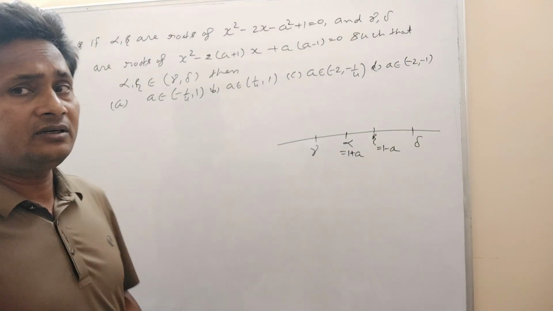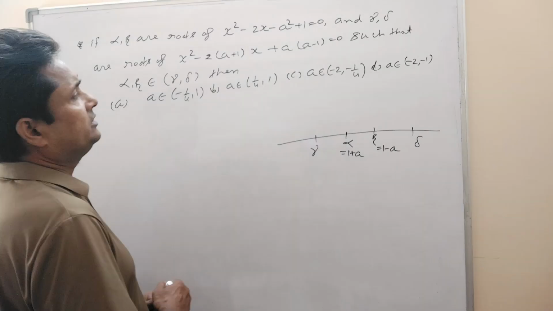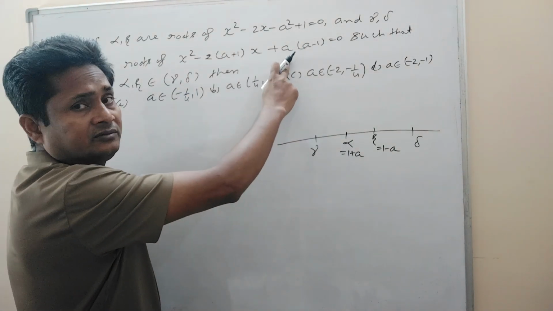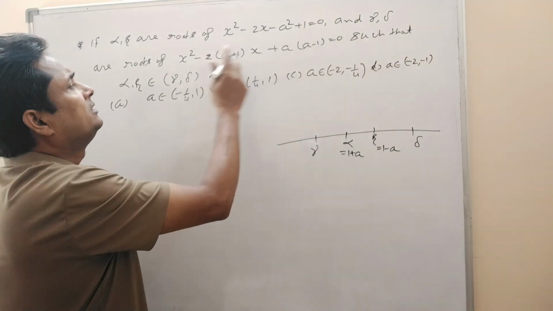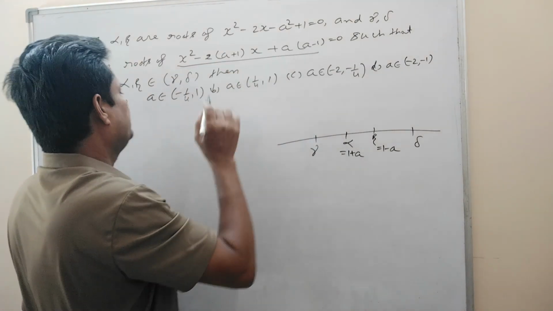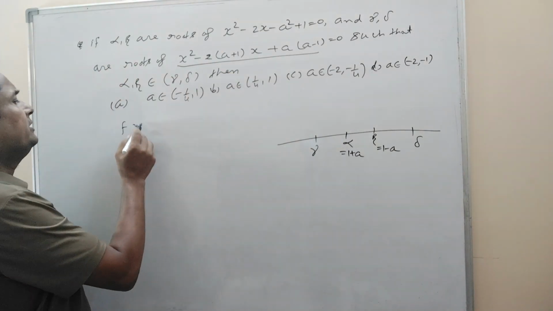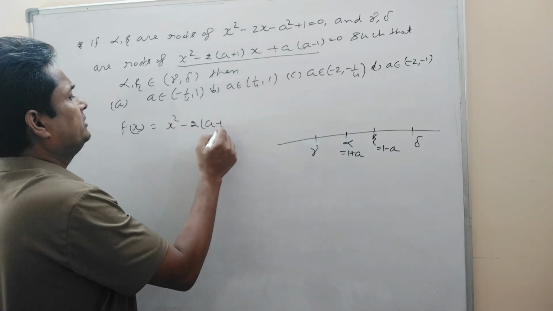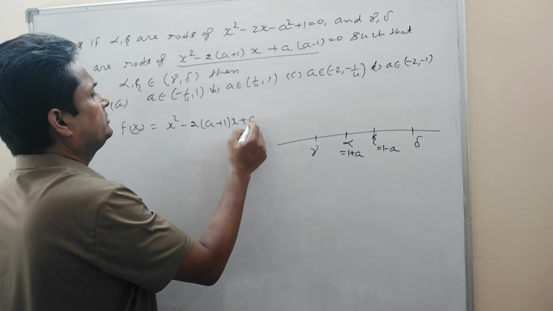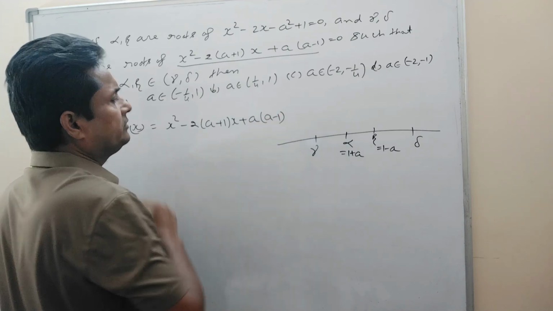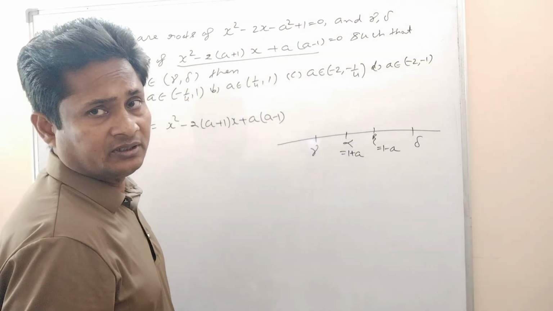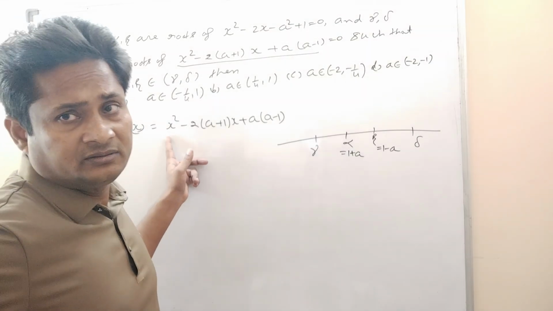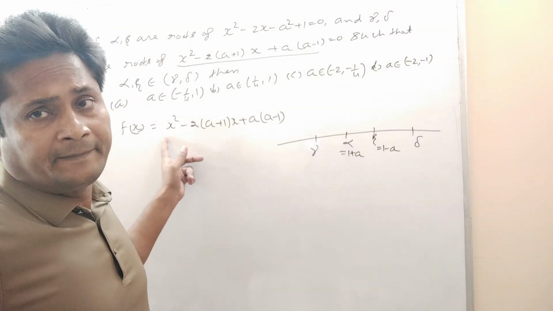How will you solve the next one? Here gamma, delta are roots of this equation. So this is the quadratic expression. We can take it as f(x) is equal to x square minus 2 times (a plus 1) into x plus a into (a minus 1). This is the quadratic, and coefficient of x square is 1, that is positive.